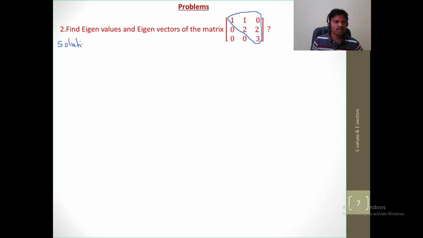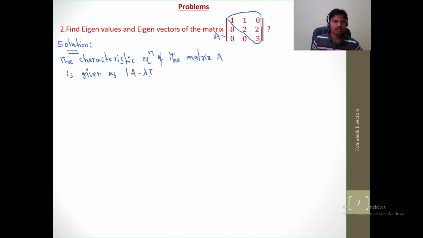Solution. First, what do I want? Eigenvalues. How to get eigenvalues? From the characteristic equation. So assume this matrix is some A. The characteristic equation of the matrix A is given as determinant of A minus lambda I equal to 0.